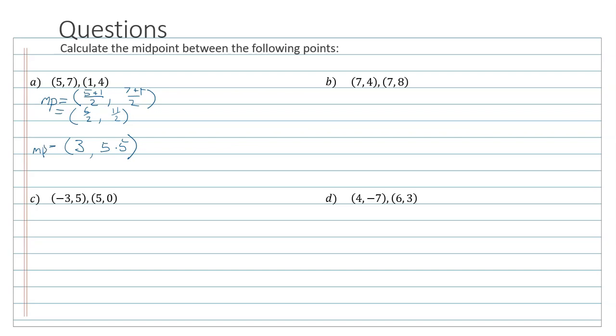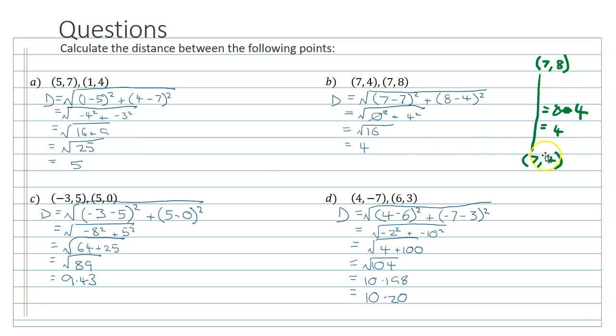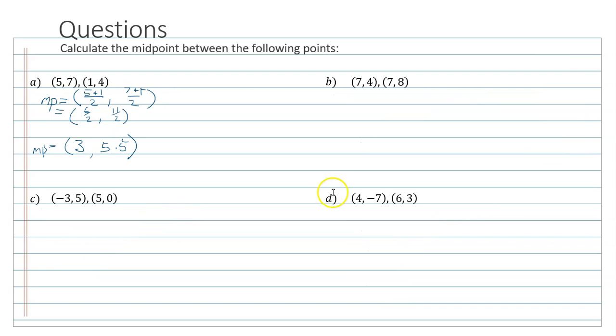In this example here, 7, 4, and 7, 8. Again, remember going back to, let's zoom up, back to here, it was a straight line. So have a think, do you need to use this formula here, or could you just figure it out?